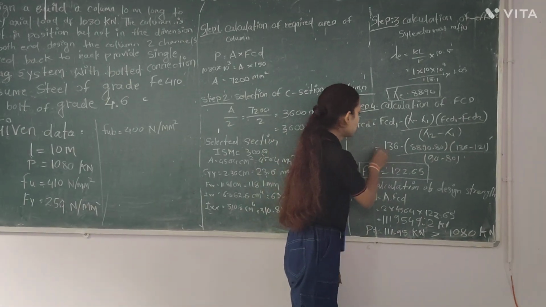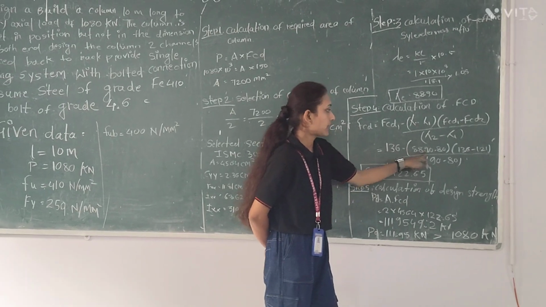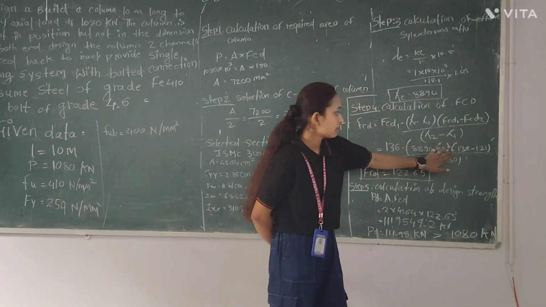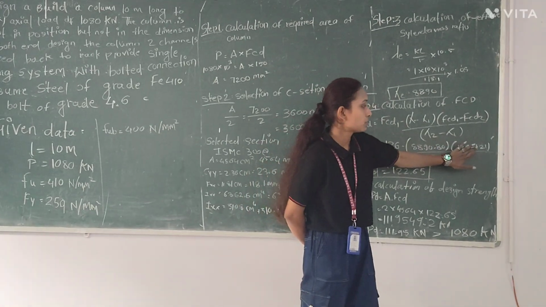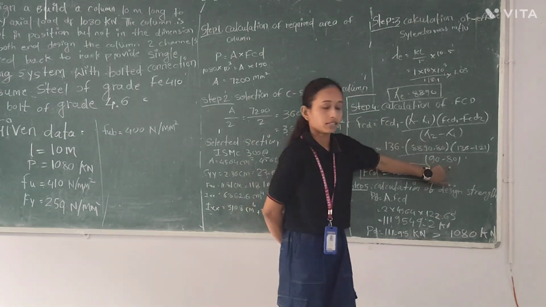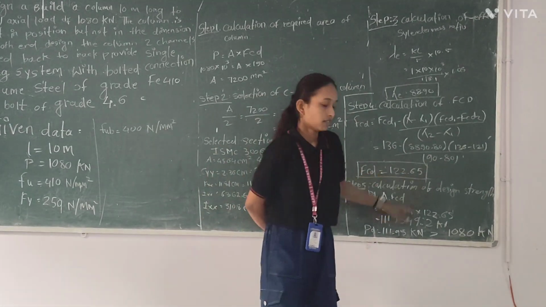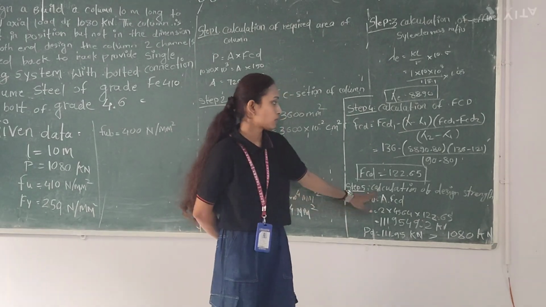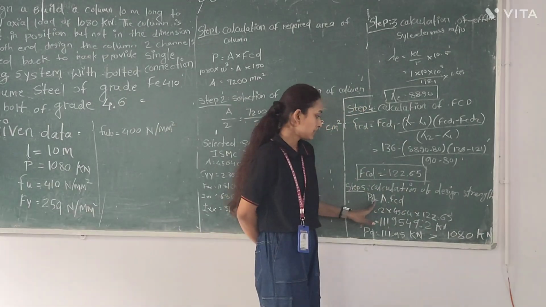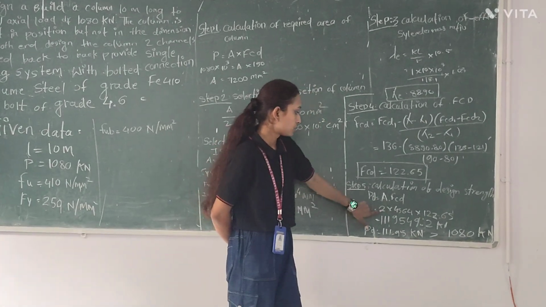Put the values: 136 minus in bracket 88.90 minus 80 bracket close, in bracket 136 minus 121 bracket close, upon 90 minus 80. FCD is equal to 122.65.